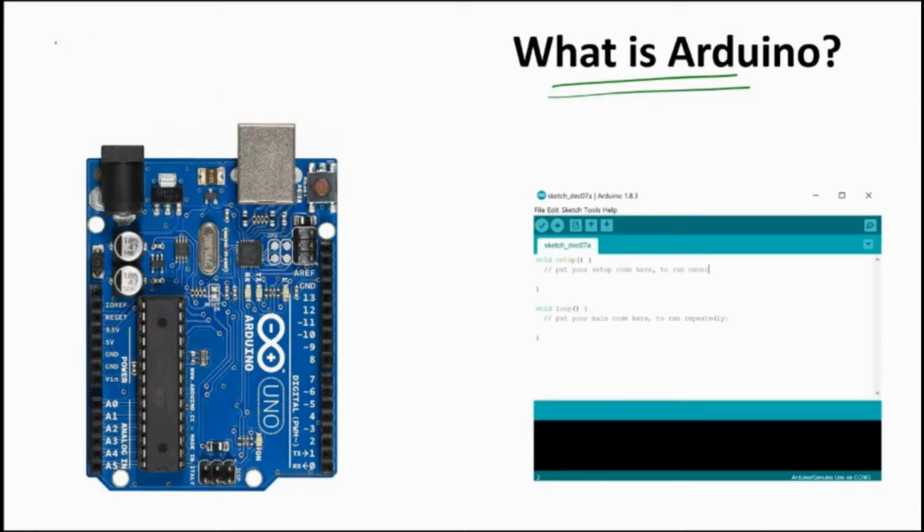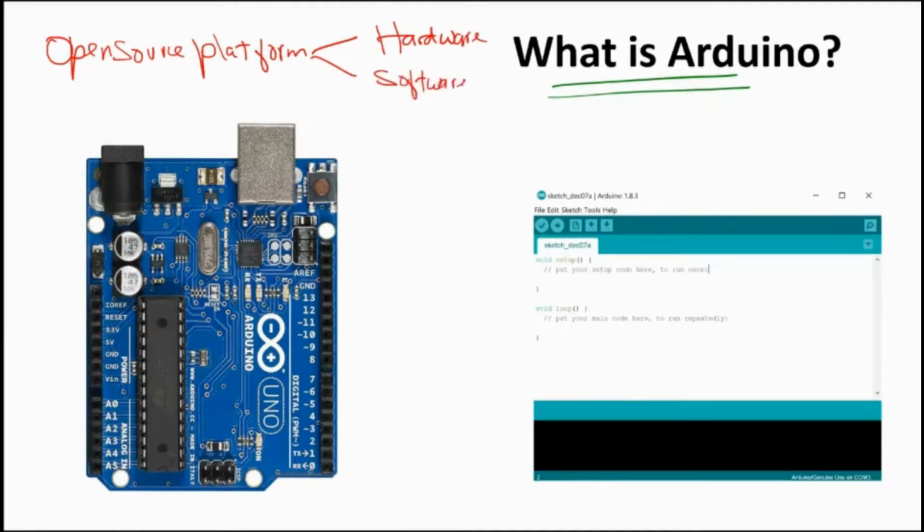Arduino is an open source platform, which includes a piece of hardware and a piece of software. By using these two, you can design rapid products.